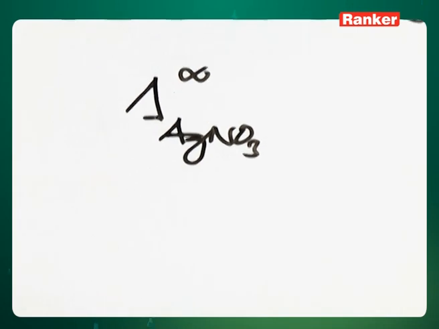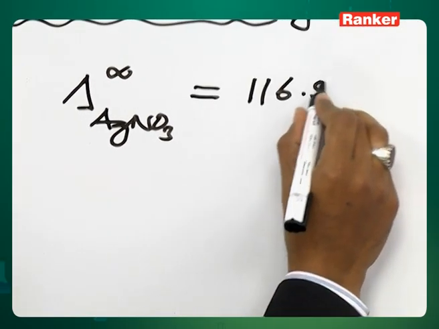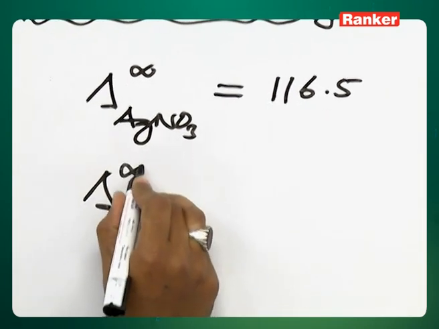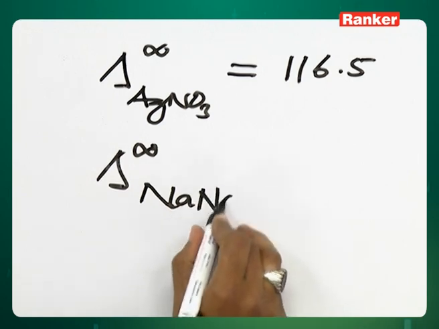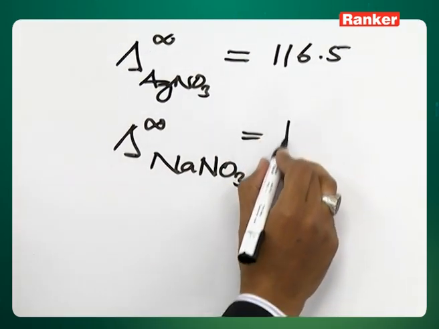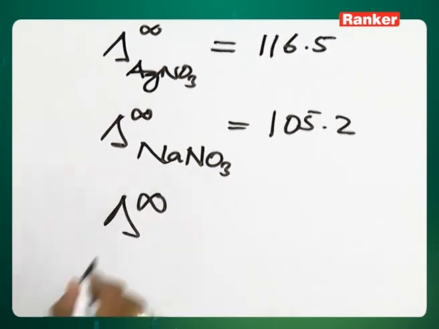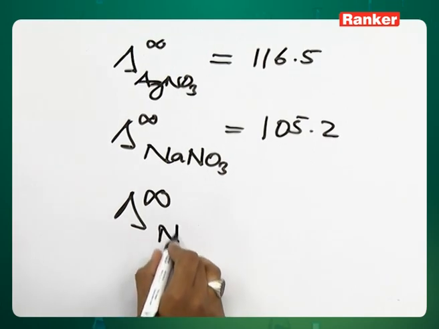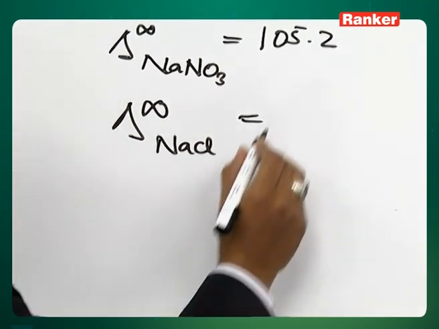Lambda infinity of AgNO3 is given as 116.5. Lambda infinity of NaNO3 is equal to 105.2. Lambda infinity of NaCl is equal to 110.3.